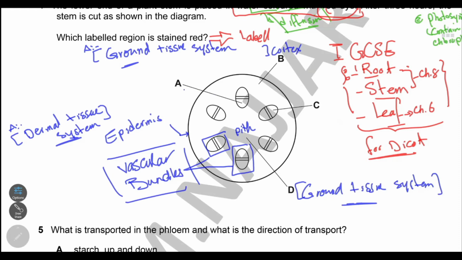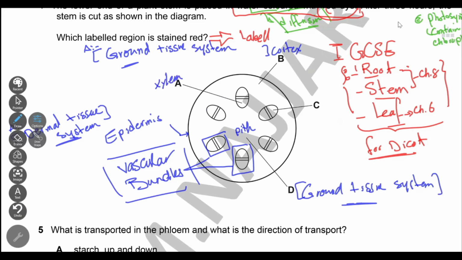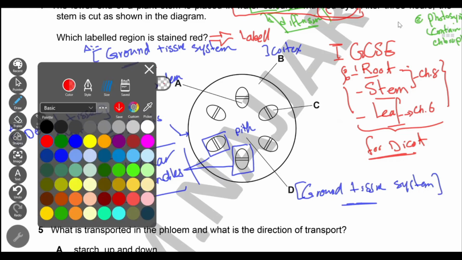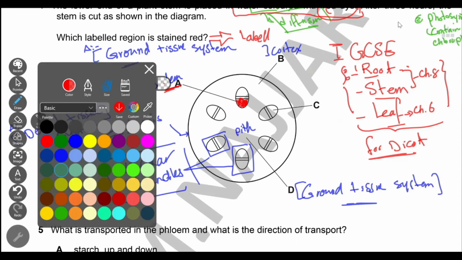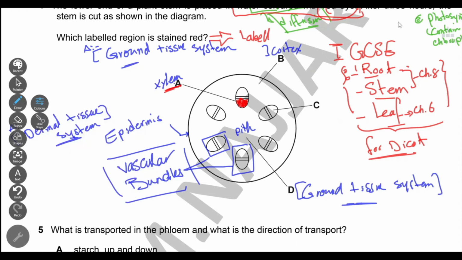Here to the top, this is the xylem, facing the inside. Its color is mostly stained in red, because it has a lot of sclerenchymatous cells. Of course, it depends on the dye we are using, but our question says red dye, so I'll stain it in red. So this is the xylem. And phloem is mostly shown in a bluish color, and this is the phloem.